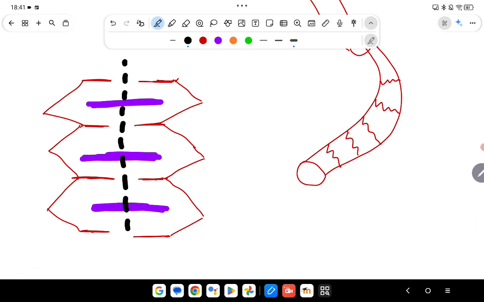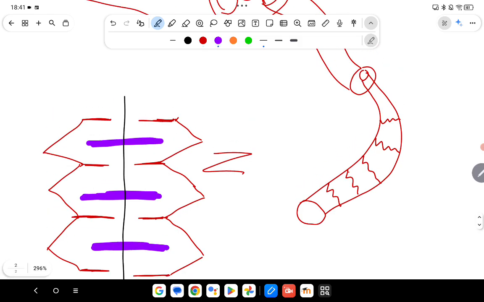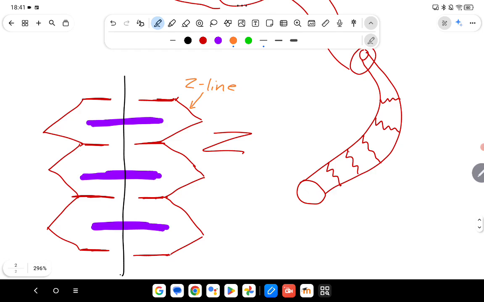I'm going to use a different thickness. Here's your M line. It's easy to remember because it's in the middle, right? And then your Z disc kind of looks like a Z shape, like that. So that's also easy to remember, I hope. So Z line, Z disc, I've heard a couple different things. As long as you say Z. Yeah. And then here's your actin.